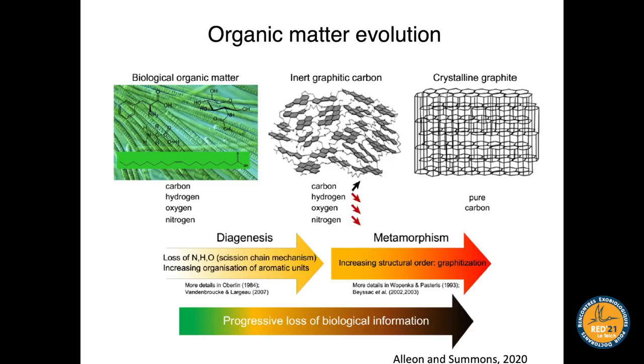So if you start from any kind of biological organic matter, it's composed of carbon, hydrogen, oxygen, and nitrogen, and then these rocks will be cooked a little bit during diagenesis, so we will lose a lot of these elements, especially the hydrogen, the nitrogen, and the oxygen, and the carbon will start to reorganize. And then we will have something that is inert graphitic or disordered carbon, where we still have a lot of carbon, but a much lower concentration of hydrogen, oxygen, and nitrogen.